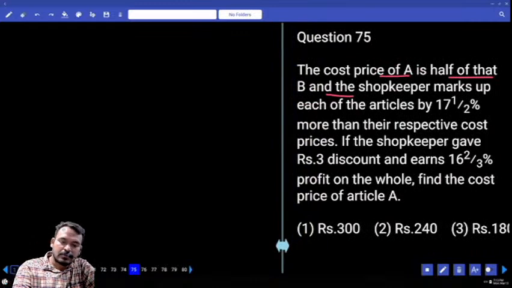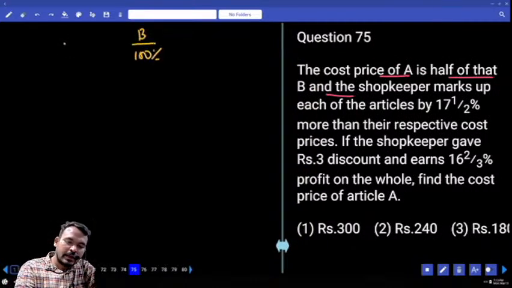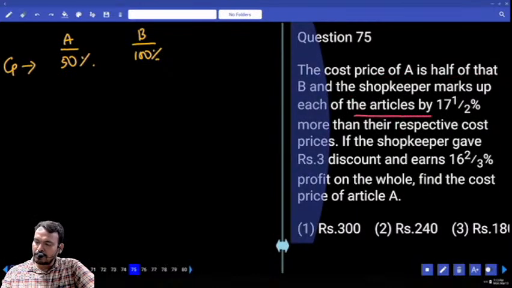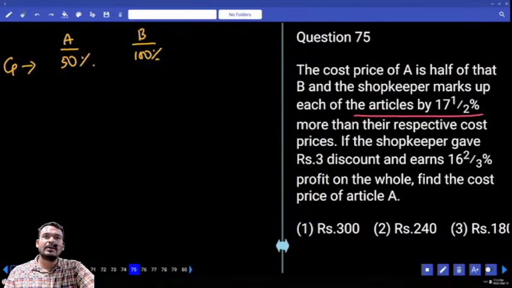B cost price. Suppose B cost price we consider 100%, then A cost price is 50%, or not? These two are cost prices or selling prices? Cost price. And their markup value is how much? 17.5% more or less? More.